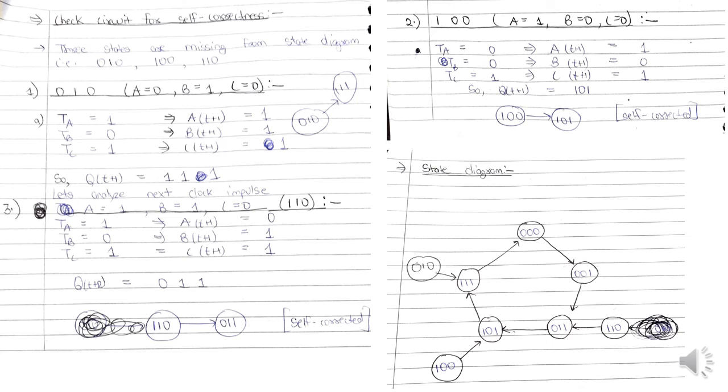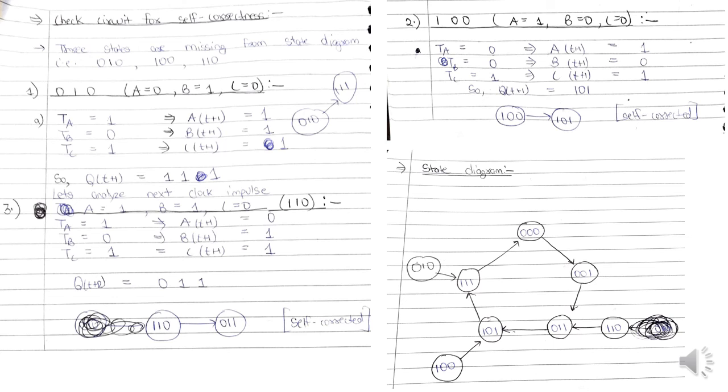TC will be 1 because the AND of A and B will be 1, and TC equals AB OR C complemented, so whatever the value of C complemented, we don't have to worry because A and B are already 1, and in the OR, TC will be 1. So the next state of ABC is 011, and we know that 011 is a valid state, so it auto corrected itself.